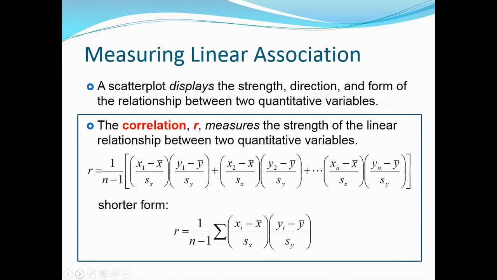We have this formula where we have each deviation in the x's divided by the standard deviation times each deviation in the y's divided by the standard deviation, multiplied onto each other, and for each data point summed, right? So each data point is calculated and then summed, and then we take the average using the degrees of freedom, n minus 1.